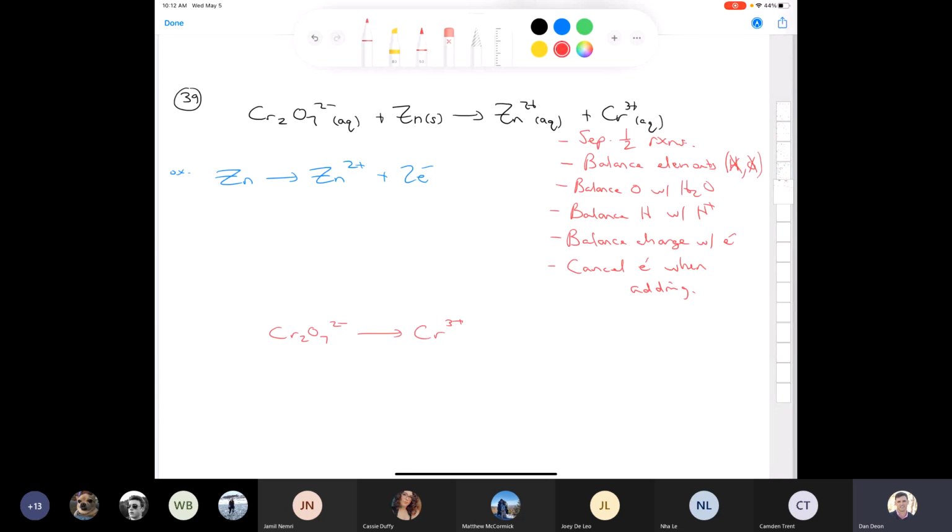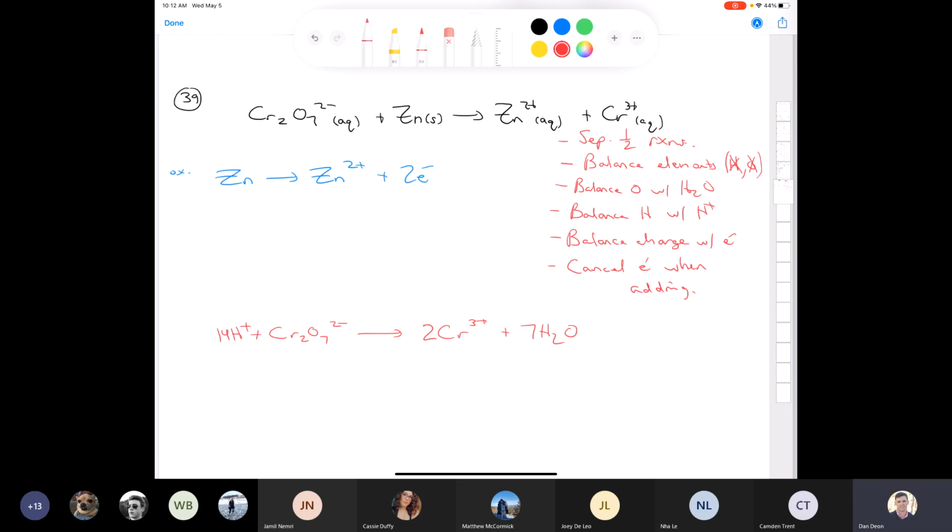We have 2 chromiums in the reactants, and we only have 1 chromium in the product, so we need to have a 2 here. Now we're going to balance out the oxygens. I have 7 oxygens here, and I have 0 on the other side. So I'm going to need 7 water molecules. Now I have a total of 14 hydrogens over here. So I'm going to have to add 14 H+ on this side.